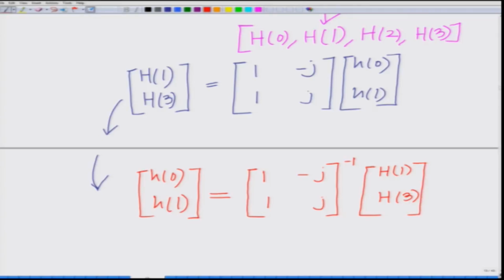In fact, the only difference is that we have the estimates of the channel coefficients H hat 1, H hat 3.